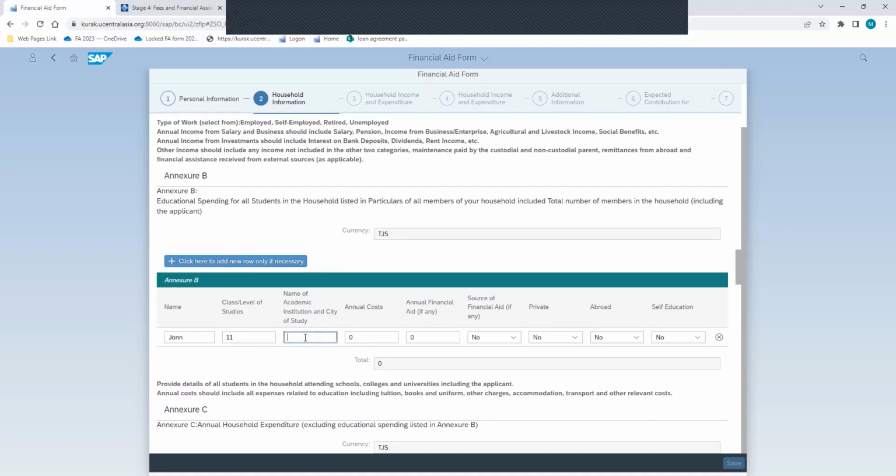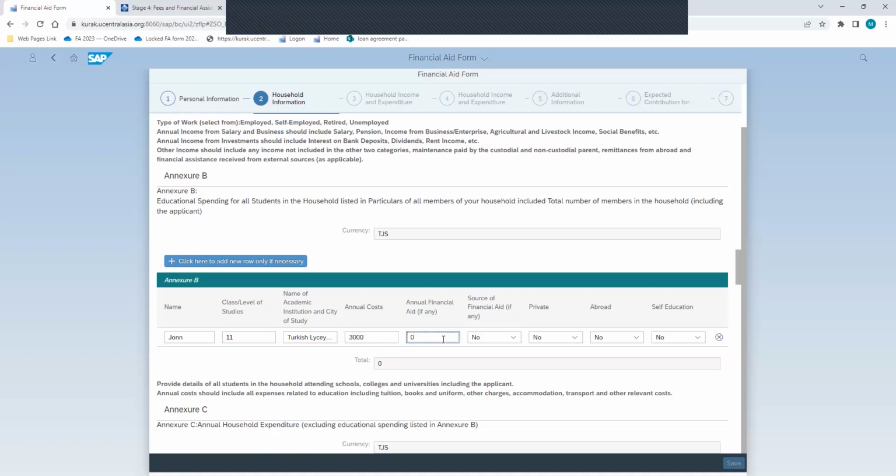It can be, let's call it, Turkish Lyceum in Dushanbe, or some other kind of lycée, wherever I've been studying. So the annual cost for that might be, let's call it, 3,000.